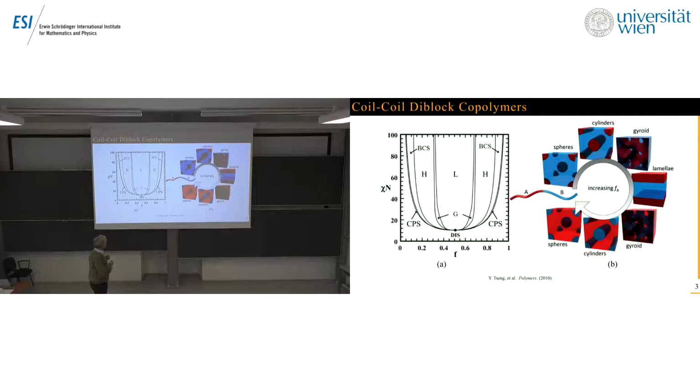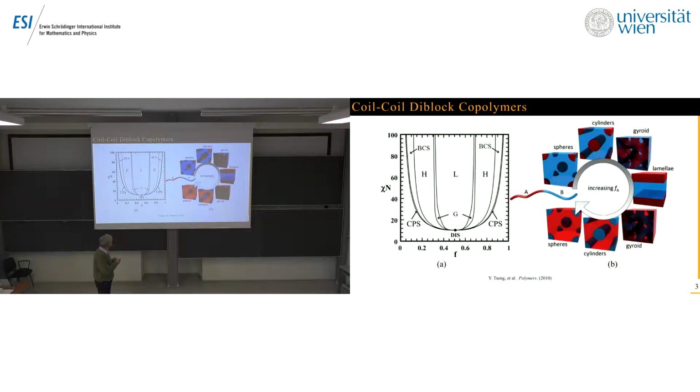And this is actually the theoretical phase diagram obtained by Leibler many years ago, which represents most of these phases. Here you have the fraction of one of the components, and here you have the parameter which specifies the repulsion between the monomers of different kind. And we will return to all these things.